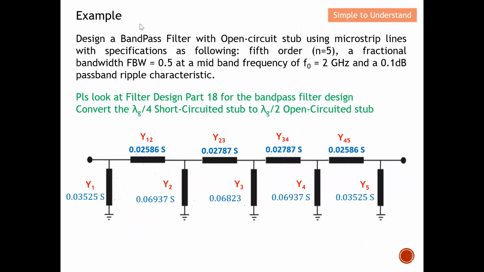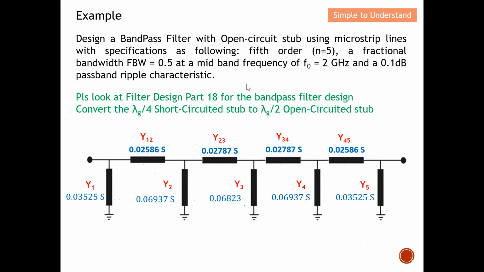Let's do an example. This example is exactly the same as the part 18 series discussion. Over here you can see that the fifth order fractional bandwidth is 0.5, midband is at 2 GHz, and they utilize this 0.1 passband ripple characteristics.